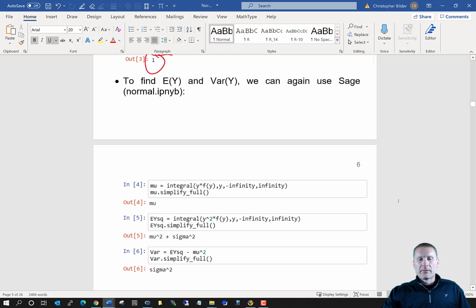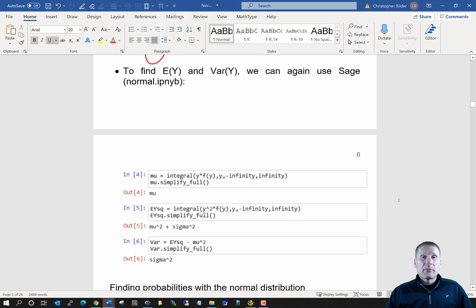Okay. Well, what about finding the expected value of y and the variance of y? Again, the integration here can be kind of complicated, so I'm okay with just doing it with Sage. To find the expected value of y, you take the integral of y times f of y. I'm integrating with respect to y, from negative infinity to infinity. Put that into a variable called mu.